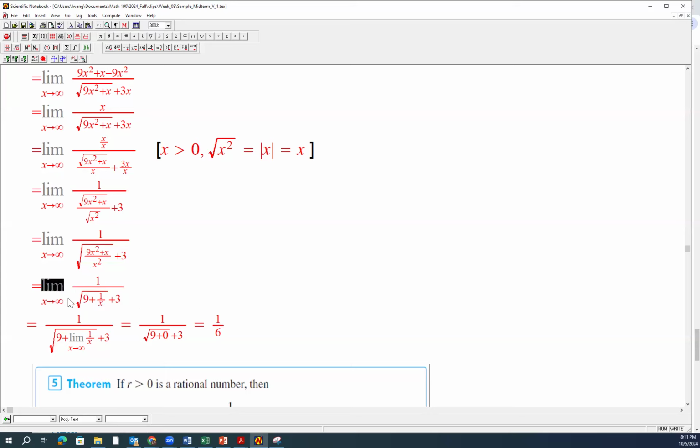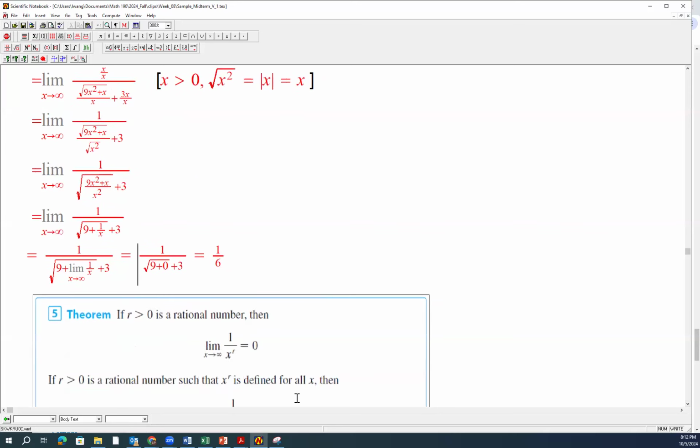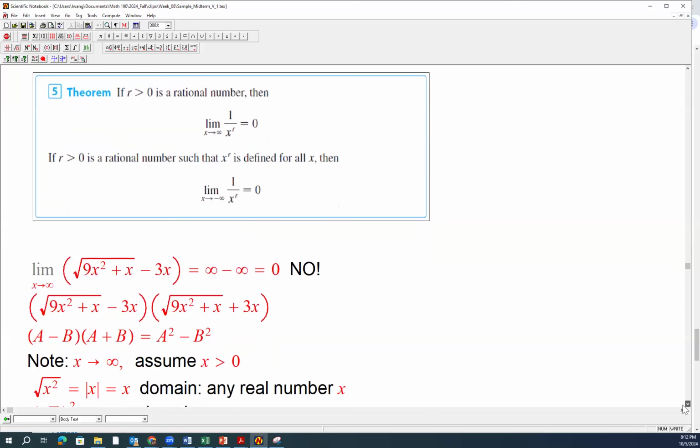So we can take this limit inside, 1 over x goes to 0, and 3 is a constant. By this time, we apply the theorem one more time. So we get 1 over 6. So now we look back on these two situations.